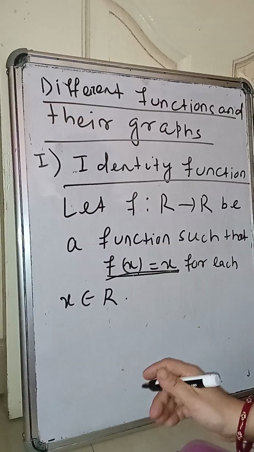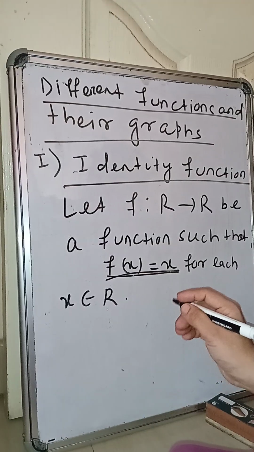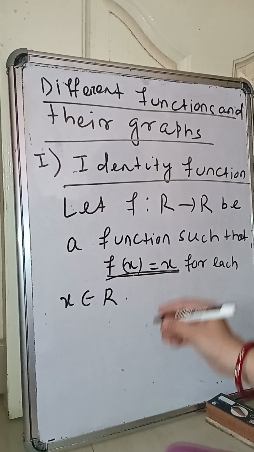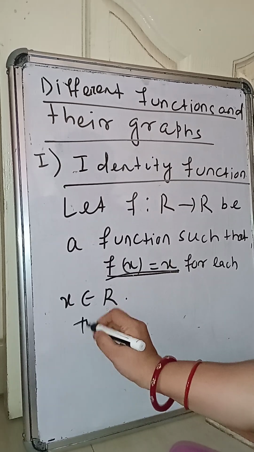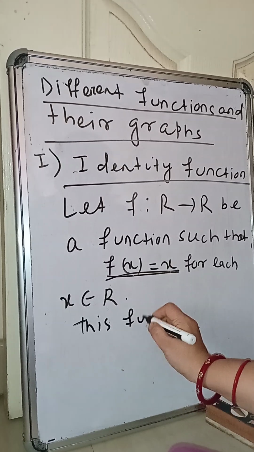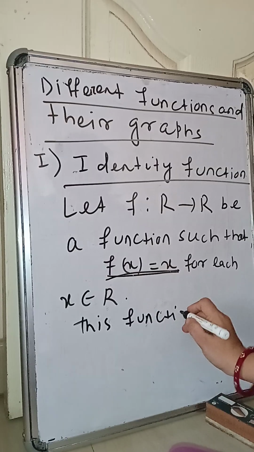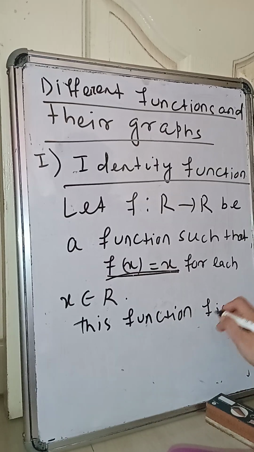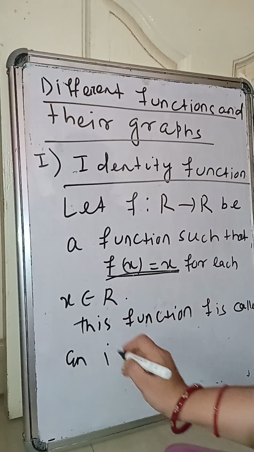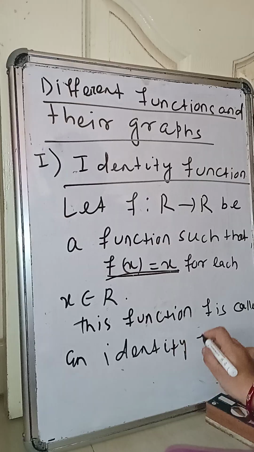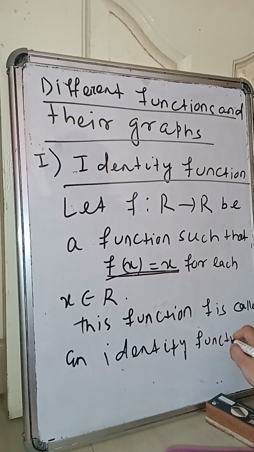Therefore, if your function takes this form, then it is called an identity function. So this type of function f is called an identity function.